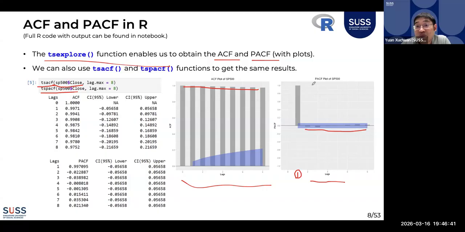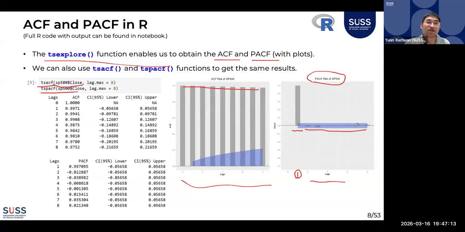So for this SP500 data, you may consider an AR(1) model, because after the one-period lag all the PACFs are almost zero.